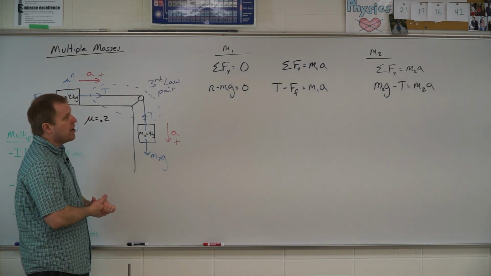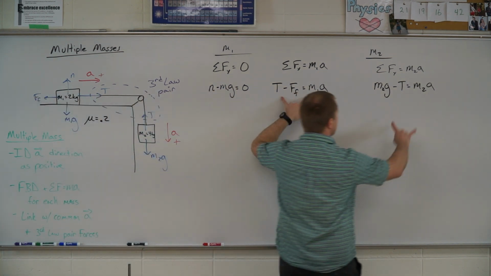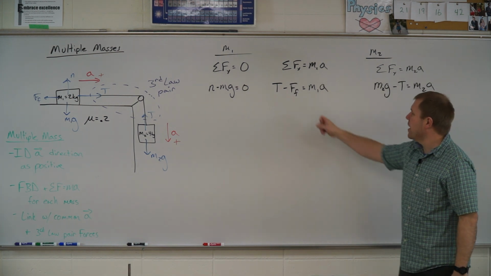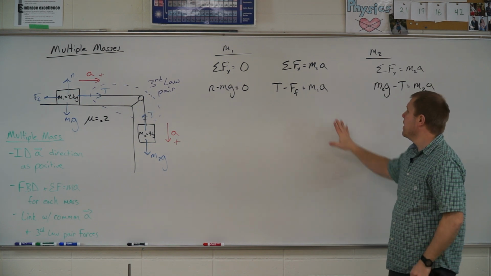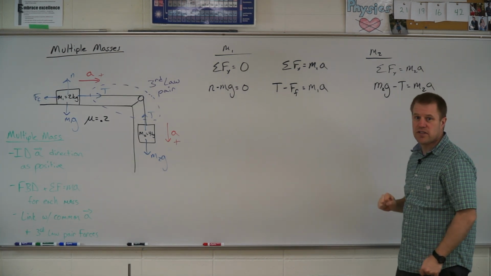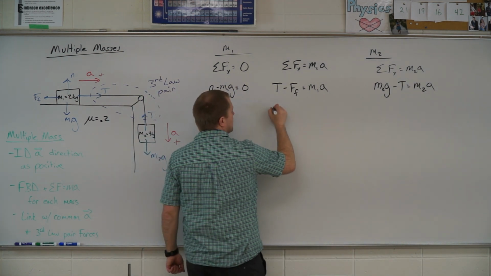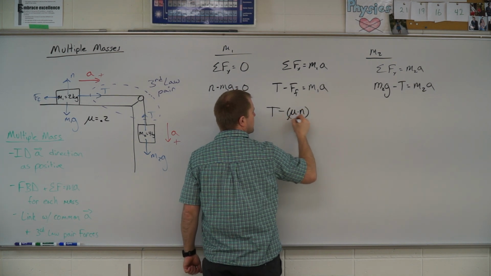Next, we have to solve. Now I have essentially two equations with two unknowns, tension and acceleration. I have this friction here that I'll have to substitute. Then I'll solve for tension, substitute in, and solve for acceleration. For friction, force of friction is mu times the normal force.